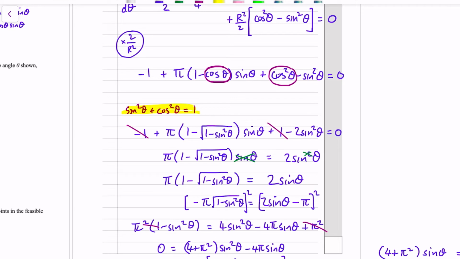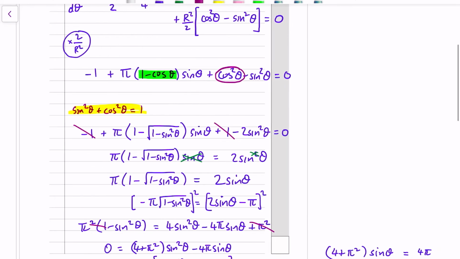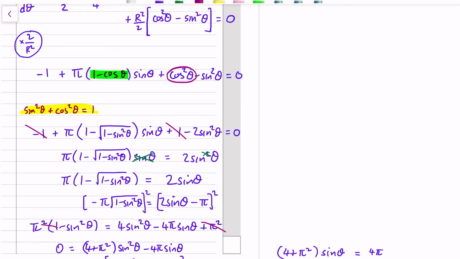they turned this part here, 1 minus cos theta, actually they did use the identity on this one, but they turned the 1 minus cos theta part using the double angle formula into minus 2 sine squared theta over 2.